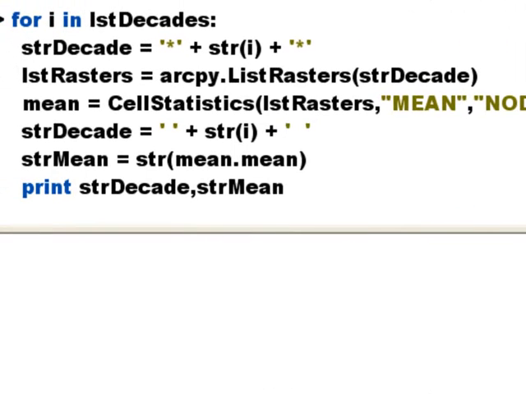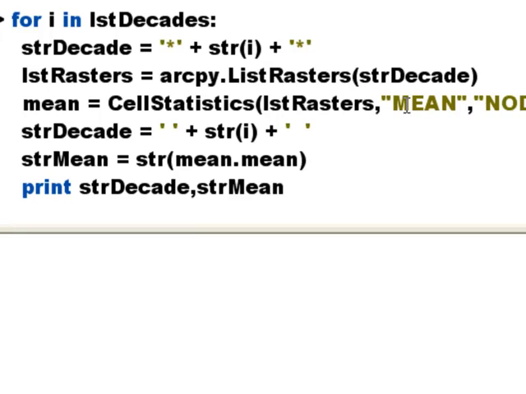Then we could execute this in a loop. Loop through every decade in our list of decades and basically convert the decade to a string, put an asterisk at the beginning and the end of that string, and then use that in our list rasters to get a list of rasters for the decade. Then use the cell statistics tool with that list of rasters to get the average for those 3 months.